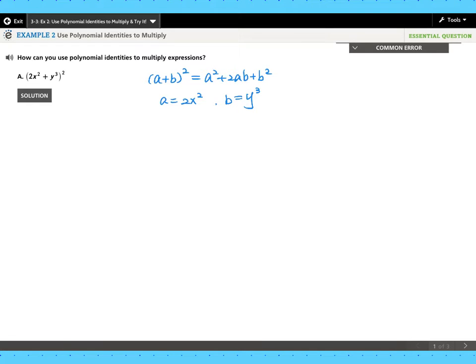So if you go by that, you should have 4x to the fourth power plus 2ab, which is 4x squared y cubed, plus y to the sixth power. If you want to write it out more formally, that's our conclusion right there. Okay?